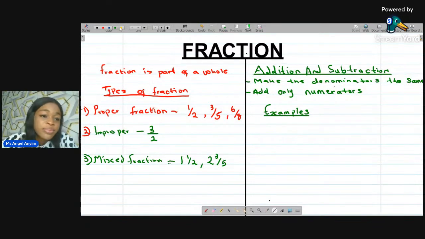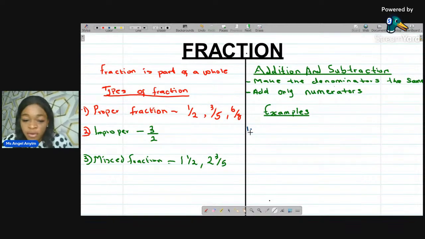Example number 1. Let's say 3/4 plus 1/2. Then let's see this one. 1/2 plus 1/2.